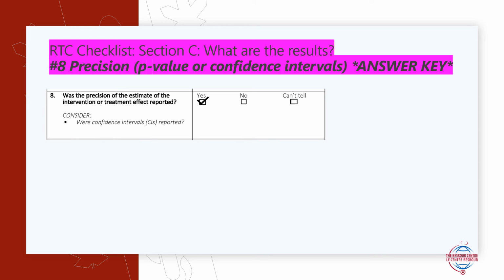So the answer to this question is quite clear. It's yes. The authors used confidence intervals, and we'll look a little bit more closely in the next slide at the results, but there were very, very strong results in favor of the intervention of using dexamethasone having benefit.